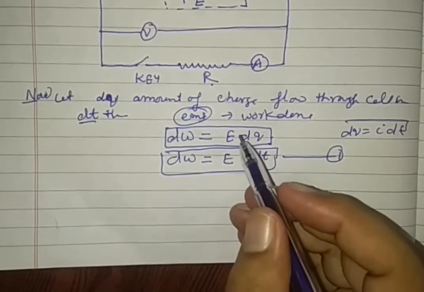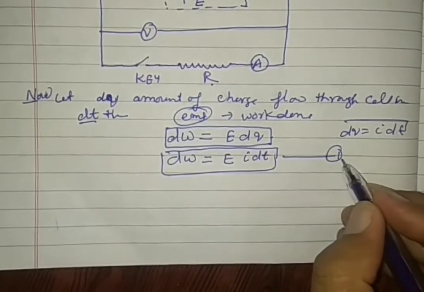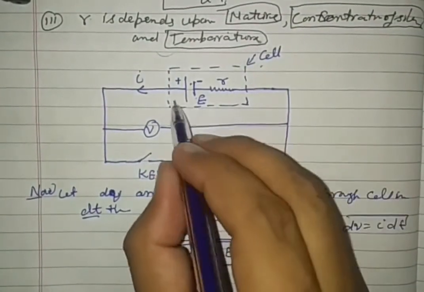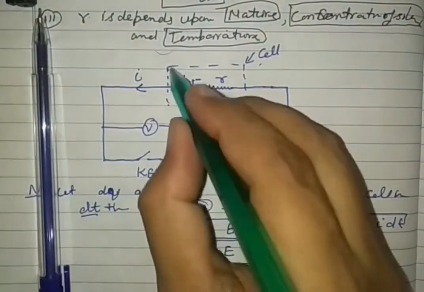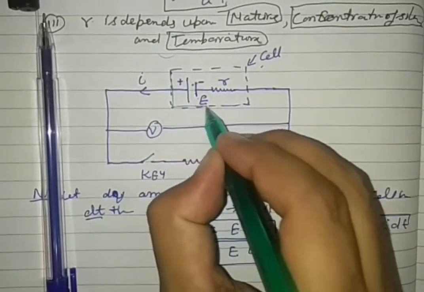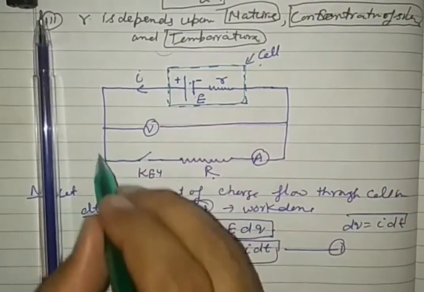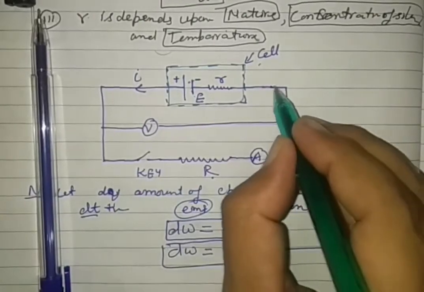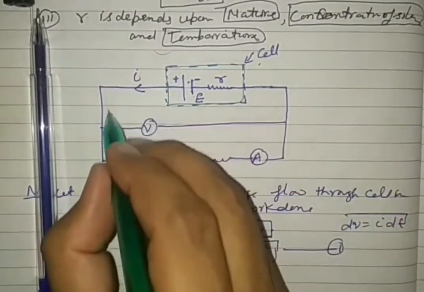Here it is required to use the brain. After equation number 1, see in the circuit, focus on the diagram. This is the situation in this cell. When charge flows, see this is the box. Current is flowing in this box. See my pen how it is moving.